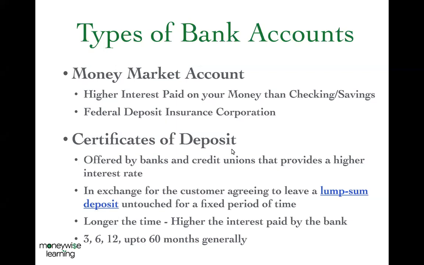So the longer they ask you, let's say you say 5 years, up to 60 months, then the higher the interest rate they pay. I don't even think they pay 4% right now. I want to say all the CDs are maybe 3.5 at the most. There is a minimum deposit for CDs generally. I'm not really sure what the minimum deposit is. It depends on the bank. It depends on the credit union which is offering it, but there's usually a minimum deposit, yes.